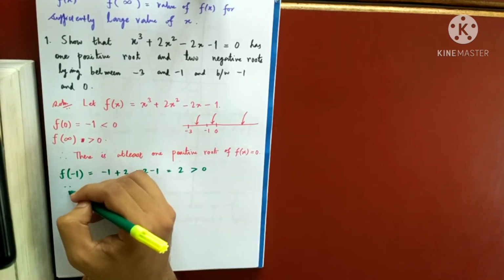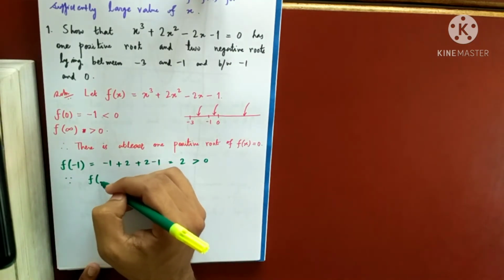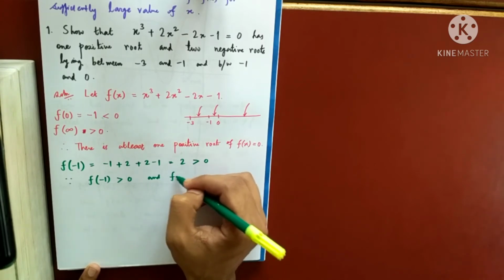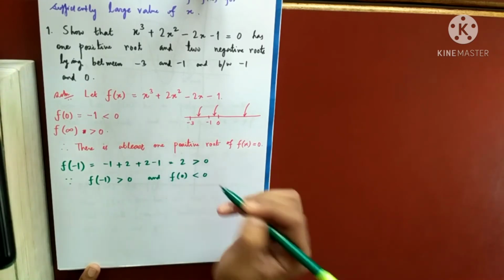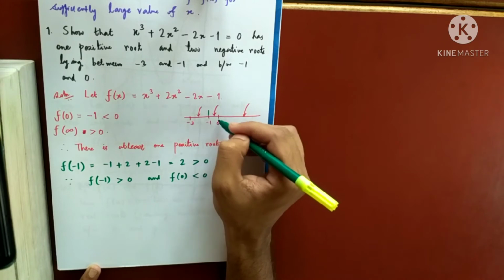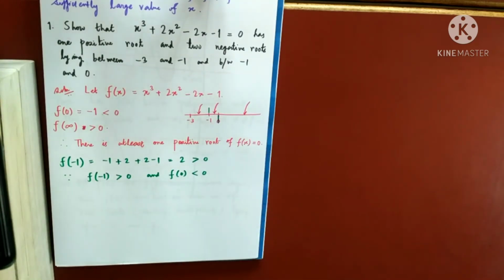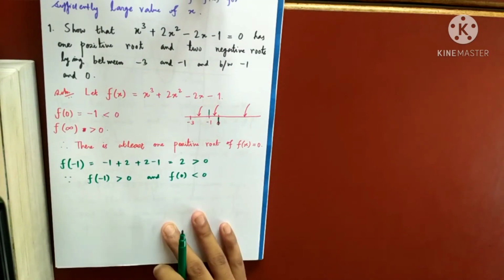So since f of minus 1 is a positive quantity and f of 0 is a negative quantity, that means there will exist a root between minus 1 and 0.